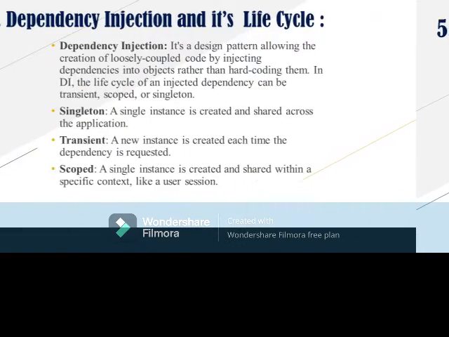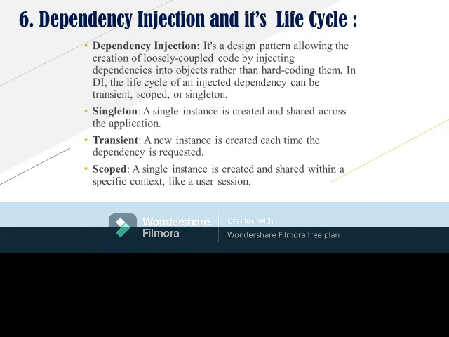Babar, what is .NET Core dependency injection and its life cycle? Basically, dependency injection is a design pattern allowing the creation of loosely coupled code by injecting dependencies into an object rather than hard coding them. It has three life cycles: singleton, scoped, and transient.